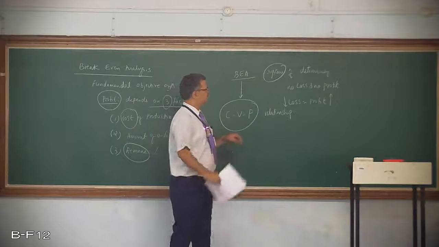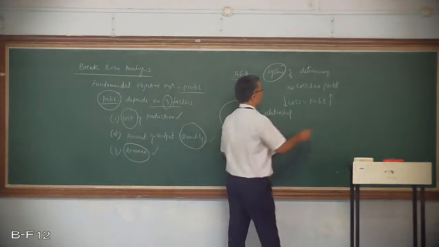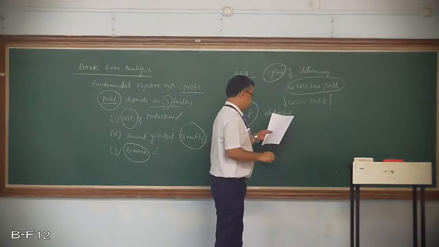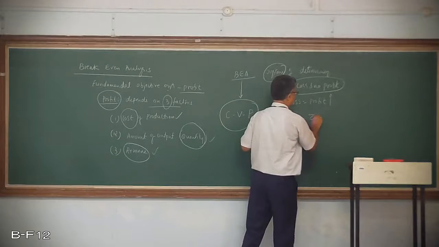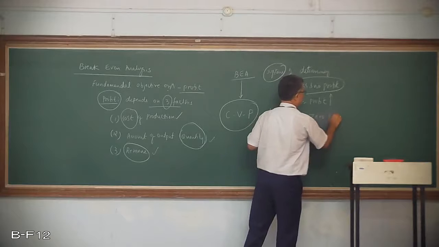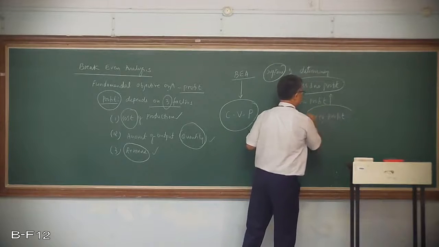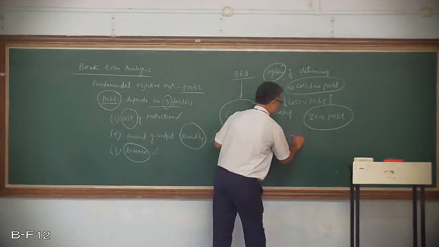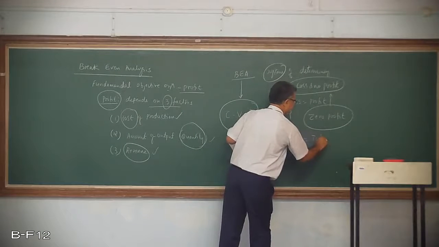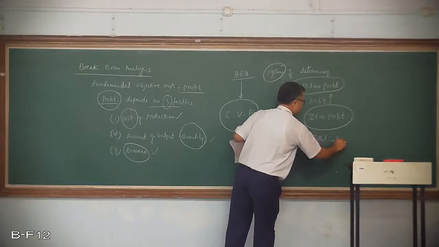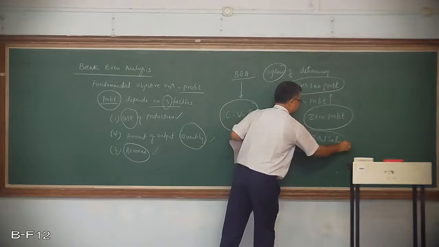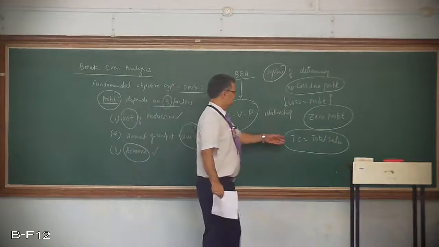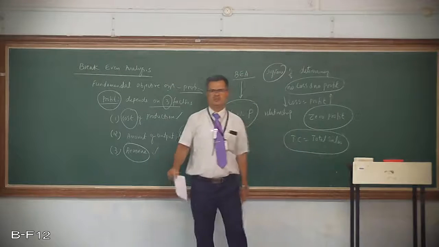But in the beginning, their main focus is on the no loss, no profit region, also called zero profit. There is no loss, no profit. You can say that the total cost involved in manufacturing, distribution, selling and all is equal to the total sales volume.